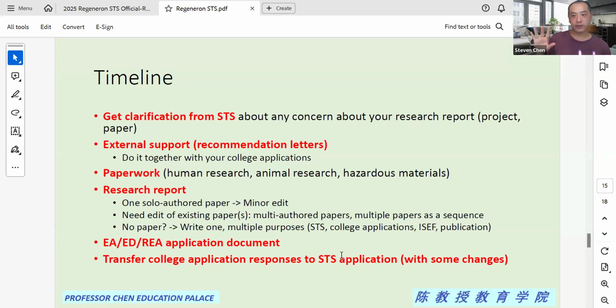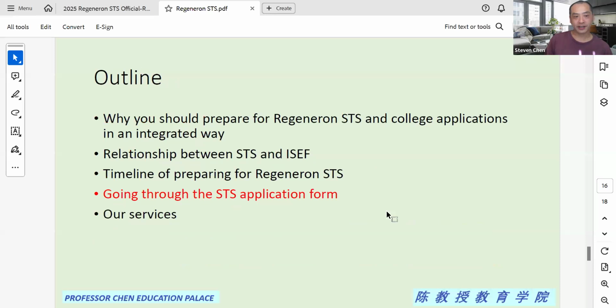So you should prepare for both of them altogether. While preparing for college applications, you can easily transfer college application responses to the STS application, maybe with some minor changes. That's it. Okay, so those are the timelines.